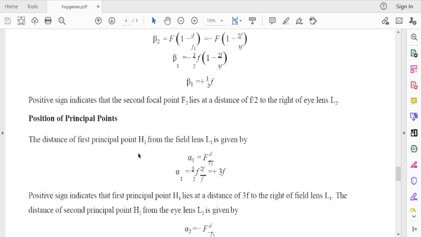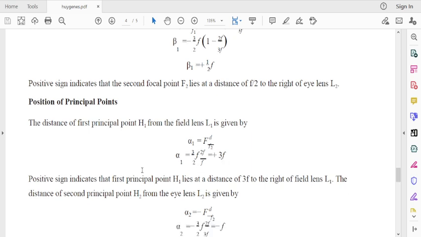It is measured from the field lens L1 and is given by alpha equals B into F divided by F2, and by putting the values, alpha 1 equals positive 3f.